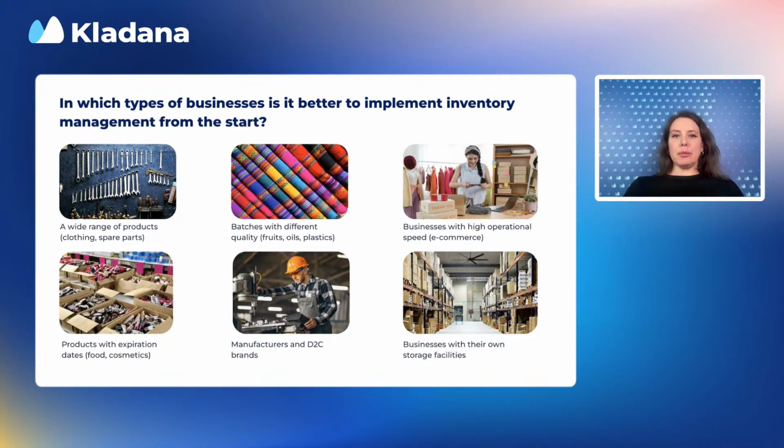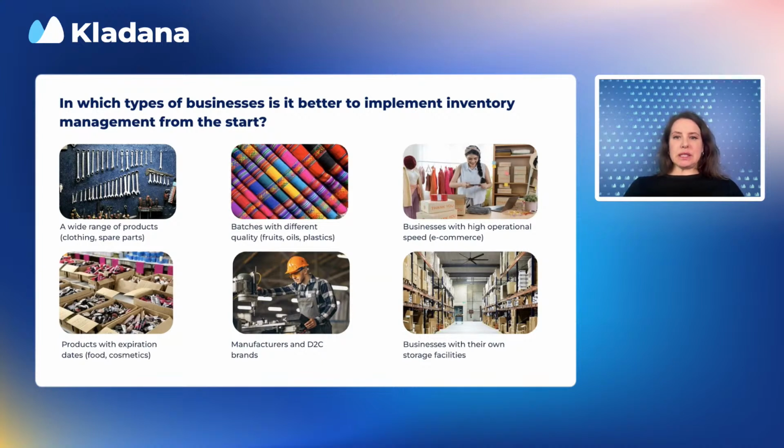First, we are talking about businesses with a wide range of products like clothes, footwear, spare parts, electronic components, and so on. The second type is businesses that deal with products with expiry dates like food, oils, cosmetics.